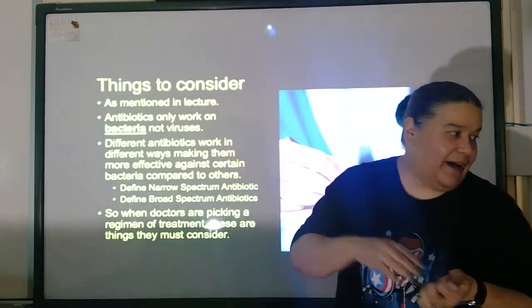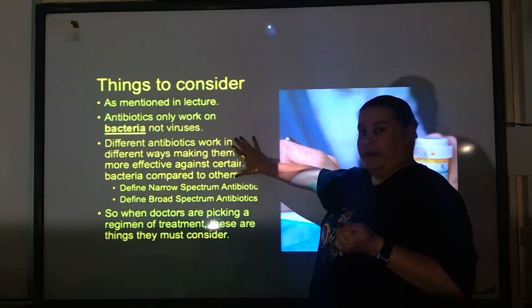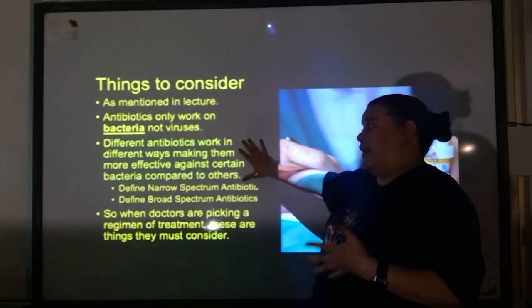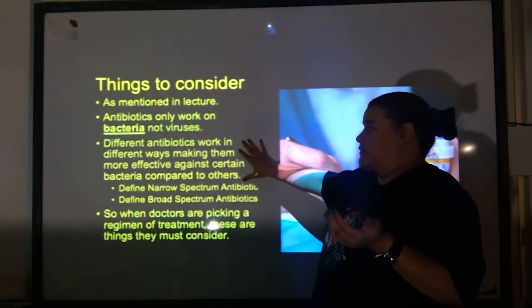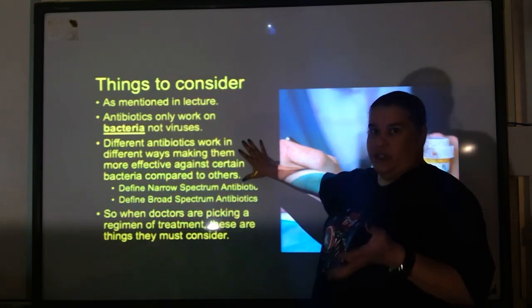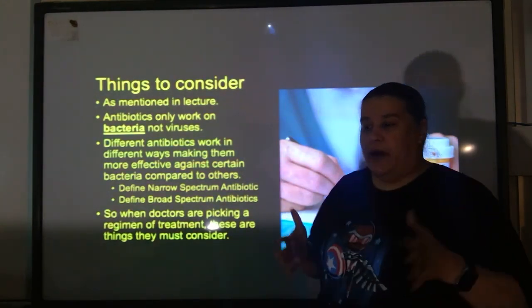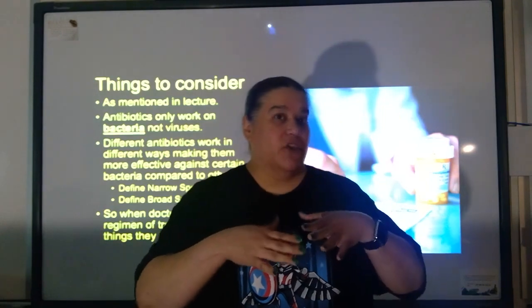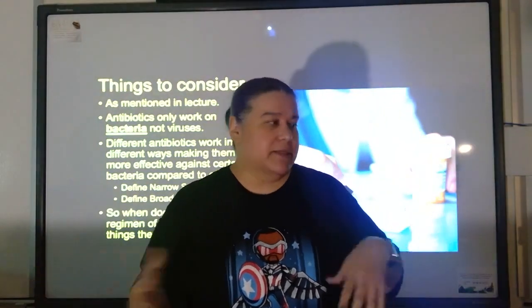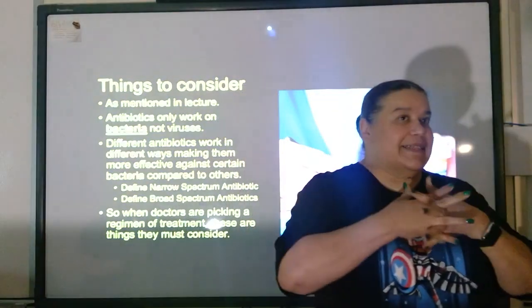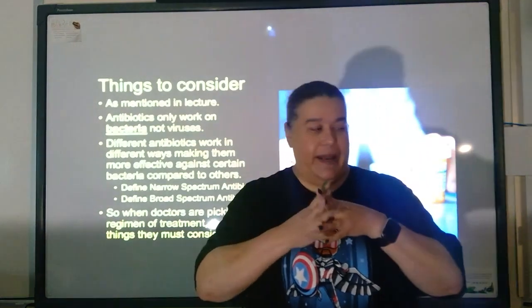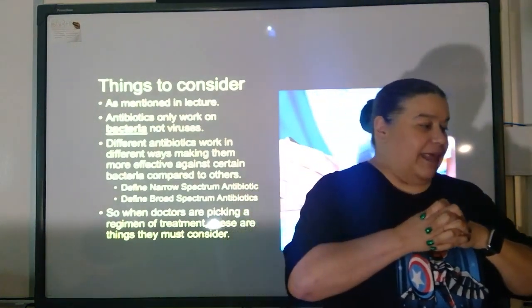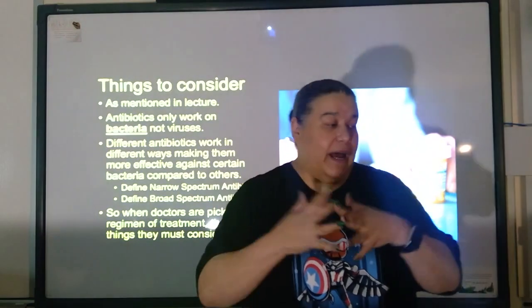We do have different types of antibiotics that work in different ways, making them more effective against certain bacteria compared to others. We talked about narrow spectrum antibiotics versus broad spectrum antibiotics. So an example of a narrow spectrum antibiotic would be something like isoniazid.